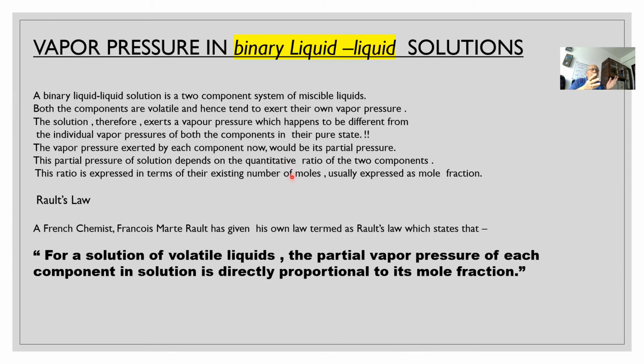We have already learned in class 11 or earlier that when there is a mixture of gases, each gas exerts its own pressure. The pressure due to a particular gas or component is known as its partial pressure in the mixture of gases at the same temperature, provided the gases are non-reactive. We learned that in Dalton's law of partial pressure.